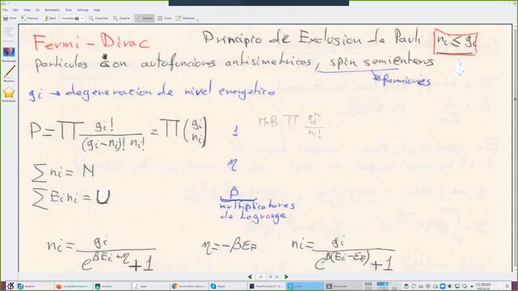One is the Fermi-Dirac. They are the ones for the fermions. They are particles with an antisymmetric wave function and with half-integer spin. That is this characteristic intrinsic angular magnetic momentum of the particle.